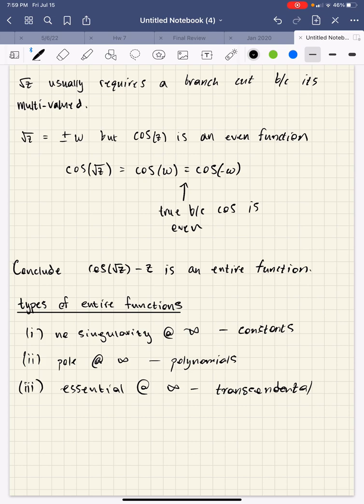So let's look at this. That's not a constant. It's not a polynomial. It is, in fact, a transcendental entire function. So cosine square root of z minus z has an essential singularity at infinity.